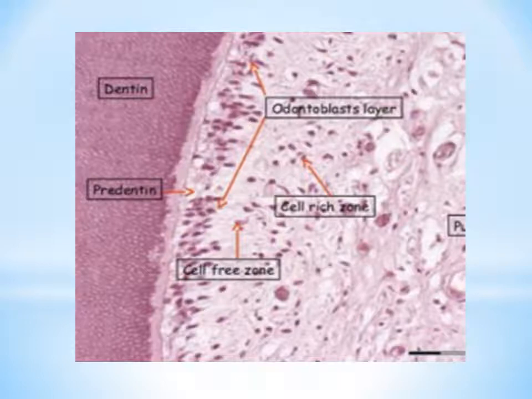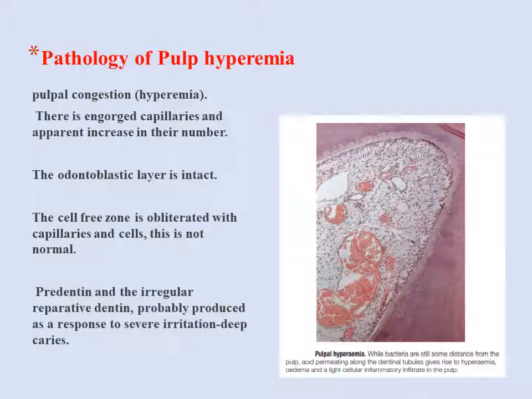So this is the normal histological appearance of pulp and dentine. فشوف dentine, pre-dentine, odontoblastic layer, cell-free zone, cell-rich zone, and pulp core. لما عندنا hyperemia راح نشوف lots of blood vessels كلها تكون congested.